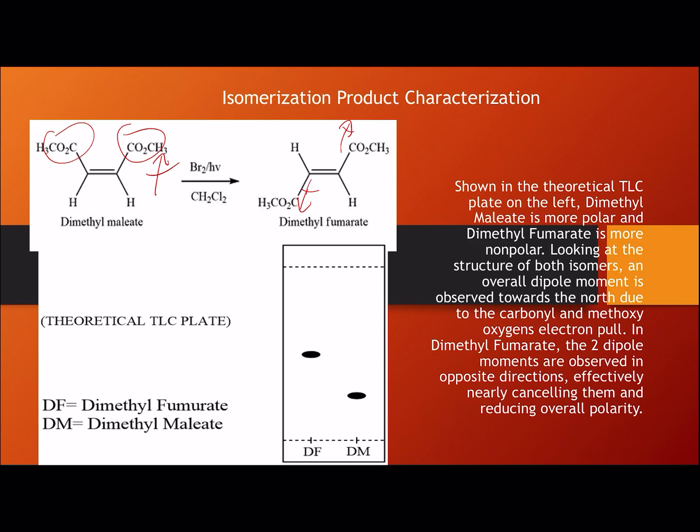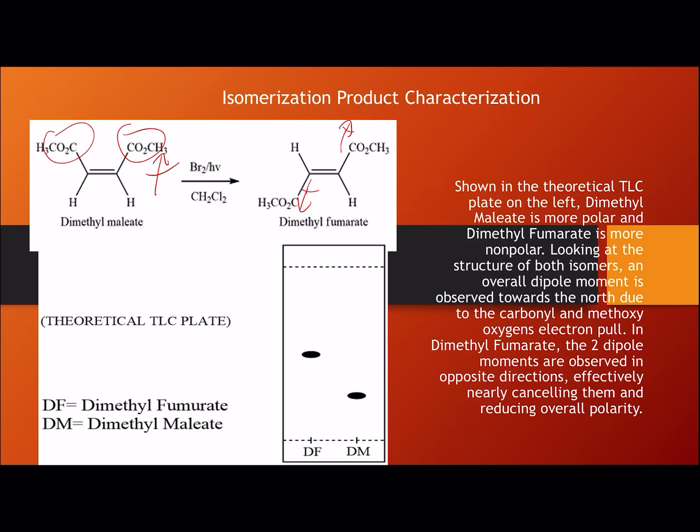We predict the dimethyl fumarate would be highest on the plate, or travel more, as it is less polar, so its polarity is close to 0, whereas the dimethyl maleate is farther away from 0. That's why we are seeing it lower on the plate.